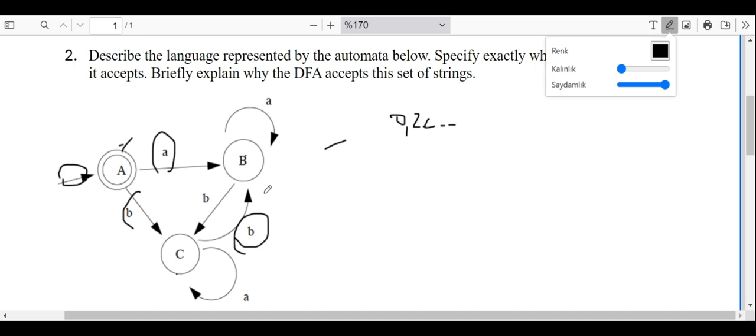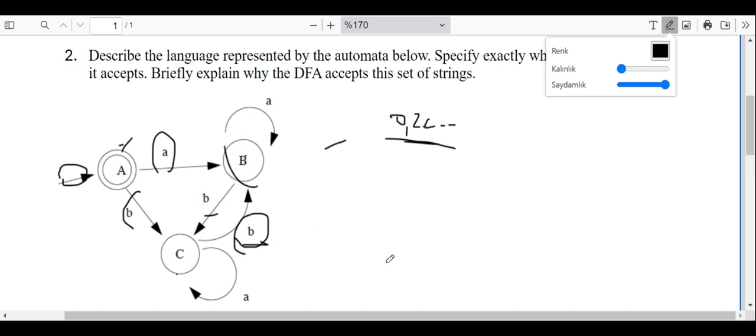We must use an even number of B's while passing through B.